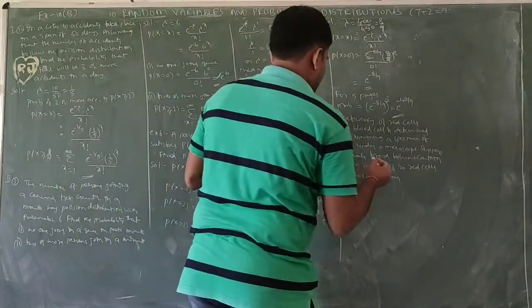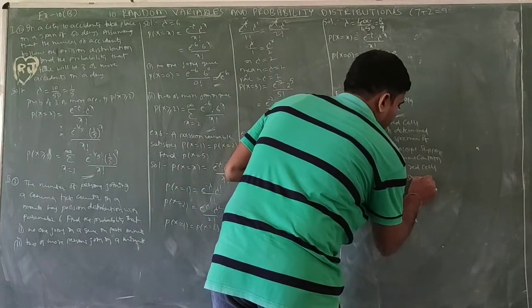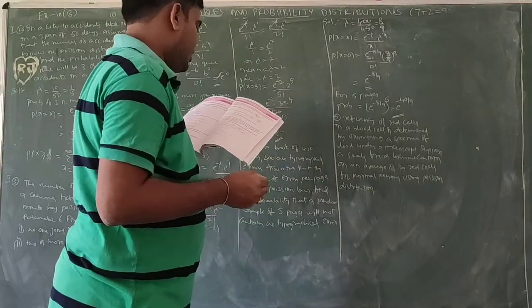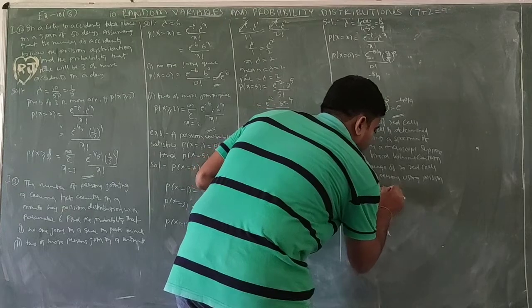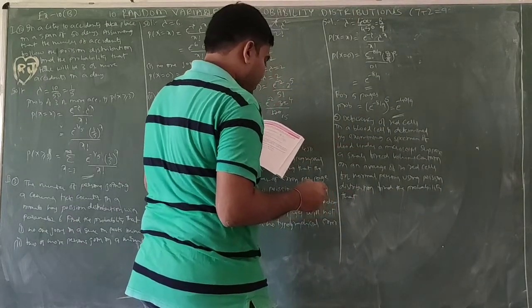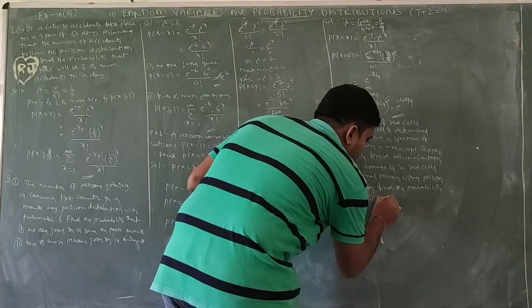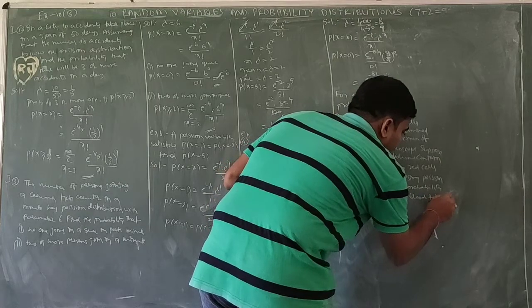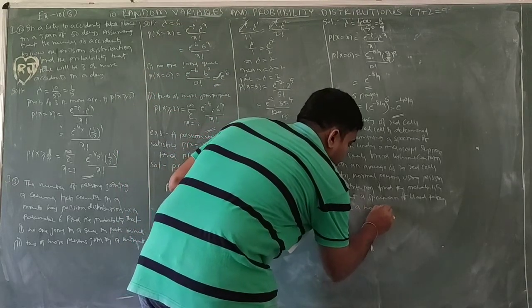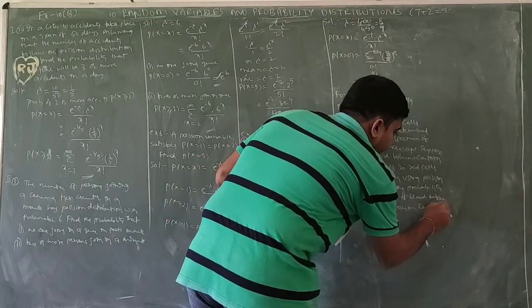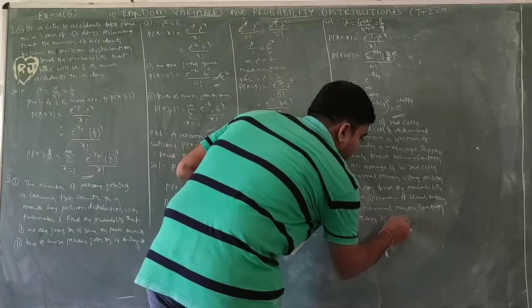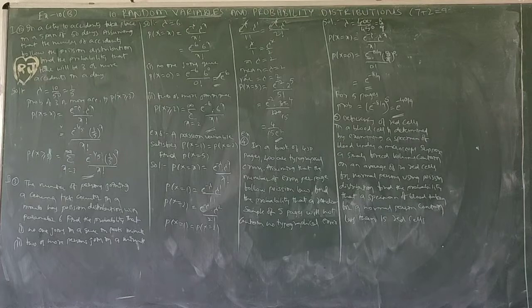Using Poisson distribution, find the probability that a specimen of blood taken from a normal person contains less than 15 red cells. Okay.